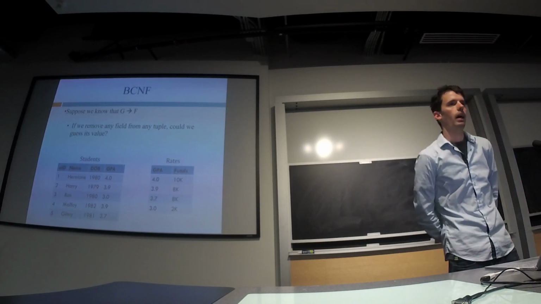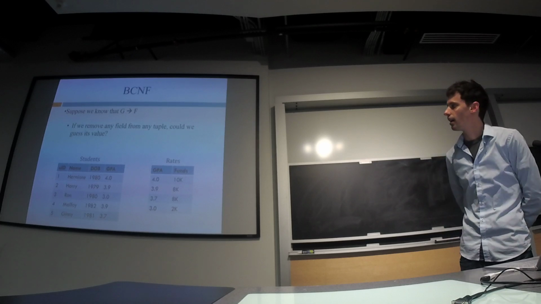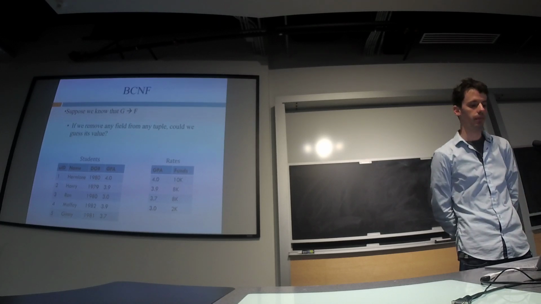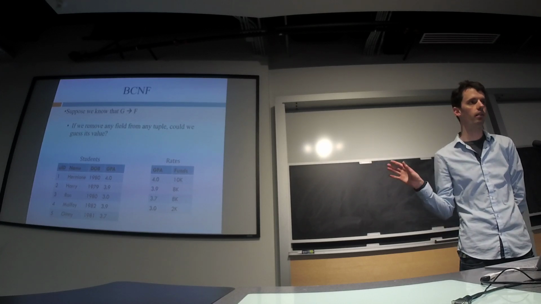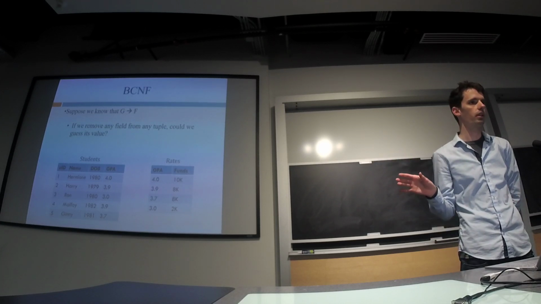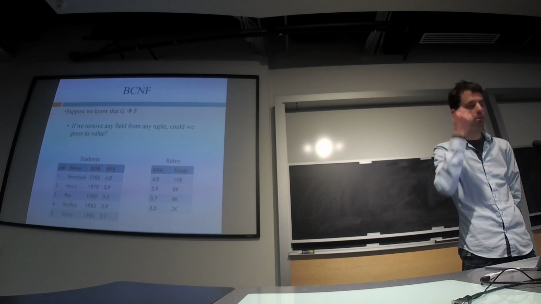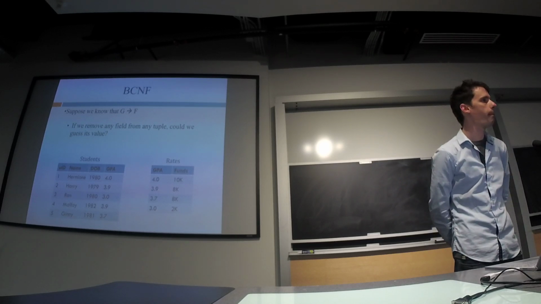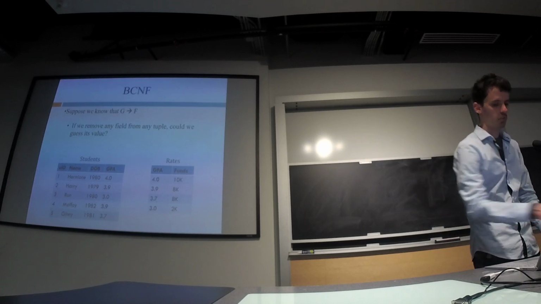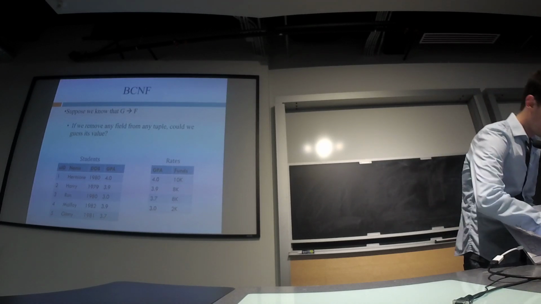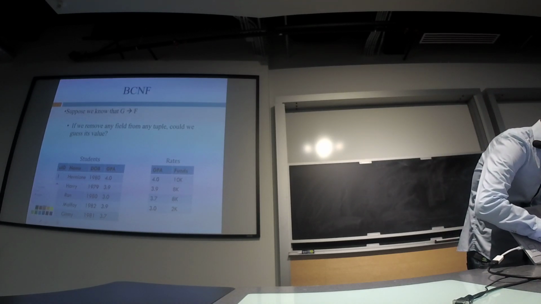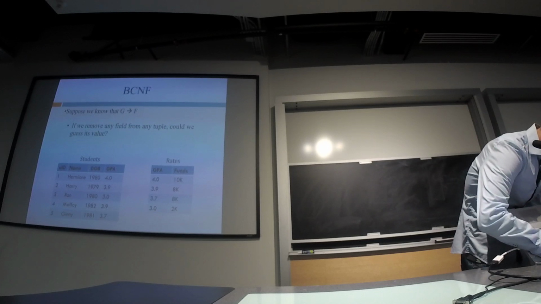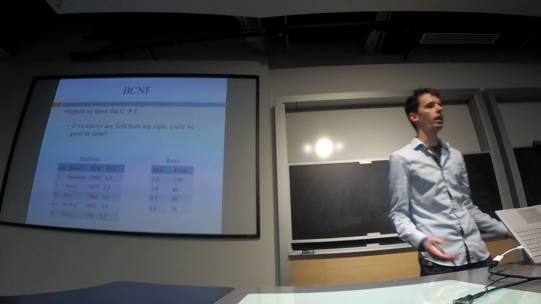Okay. After I have decomposed the table, could I remove any cell from either of these tables and then be able to guess its value? Let's pick one. Say I remove that cell. Could I infer its value?